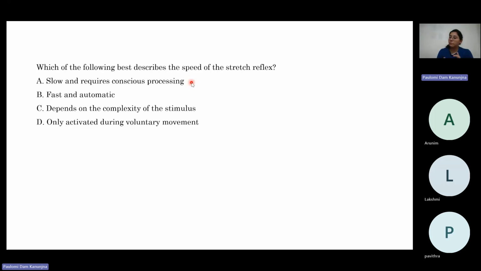And the path is determined by neurons. So ultimately, it boils down to, in stretch reflexes, how many neurons are acting or how many synapses you have to cross. That is the key. That is the cue that I could give to you. Think in terms of monosynaptic and polysynaptic and the speed.